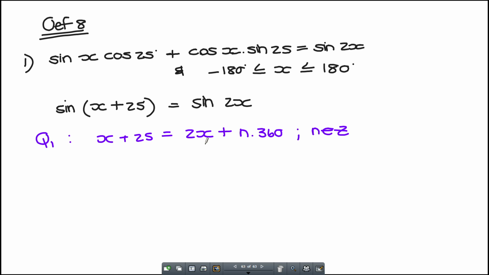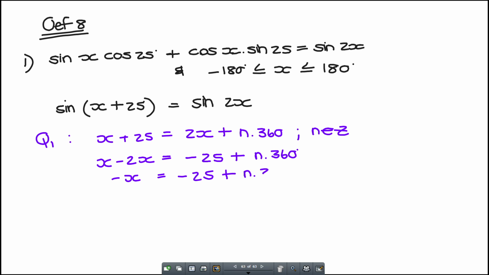If I take the 2x over, it's going to be x minus 2x, nee? Which means that, kom ek skryf hom so vir julle uit. Dan gaan hy wees minus 25. Dis n maal 360. Nee, which means that that would be minus x.